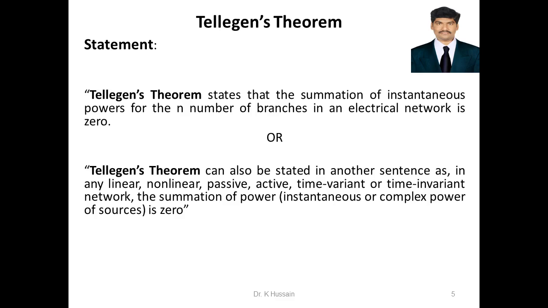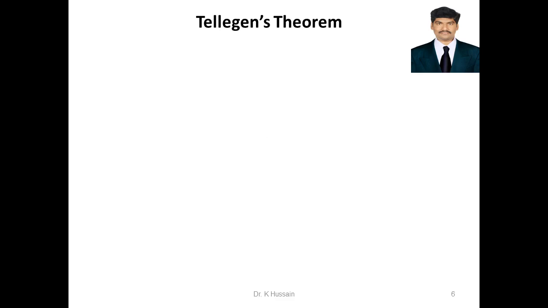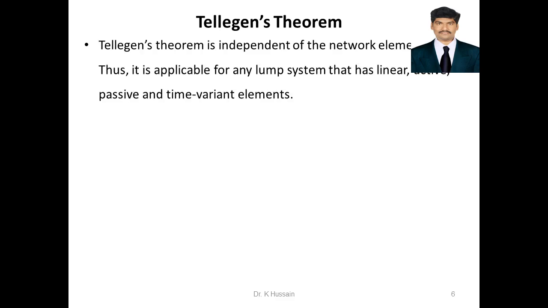So the summation of power, whether instantaneous or complex power, of sources is 0. In the first statement, in simple manner, the sum of the instantaneous powers is equal to 0. Here it is elaborated; that is only another statement given by the scientist.